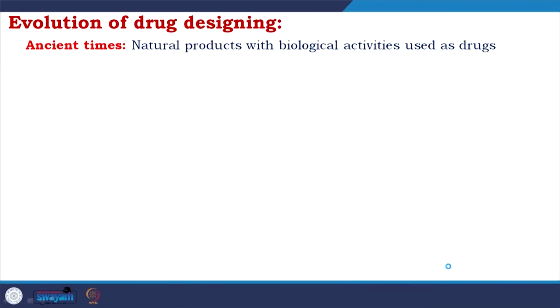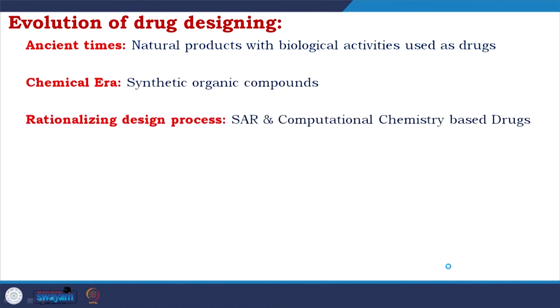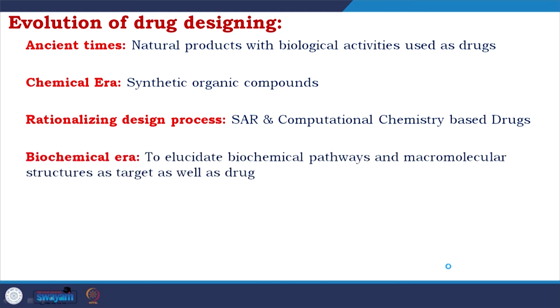So, there is evolution of drug designing. In ancient time, as we have told, natural products with biological activity were used as drug. Chemical era: synthetic organic compounds, alchemists in medieval centuries, they were coming with very good synthesis protocols and novel compounds, rationalizing the design process, structure activity relationship and computational chemistry based drugs.